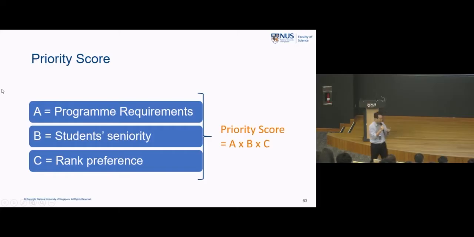So the system will therefore, based on your profile as well as your ranking, come up with a priority score for you in determining whether you get or do not get allocated that module for that semester. And this priority score is ranked or compared across everybody else that have chosen that course.